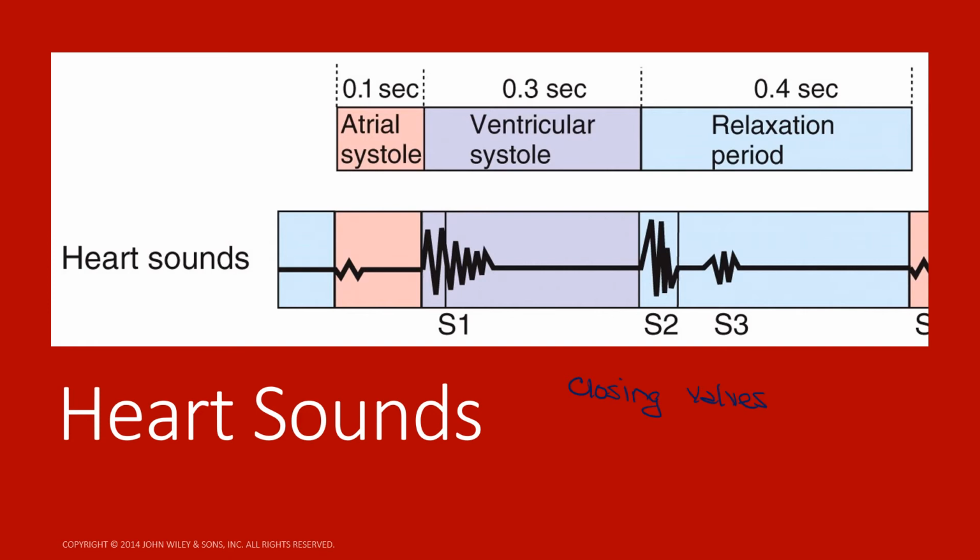This first sound here, labeled S1, is going to be quite a bit louder and longer than this second sound, S2. So S1 is actually caused by the blood turbulence associated with the closure of the atrioventricular valves.